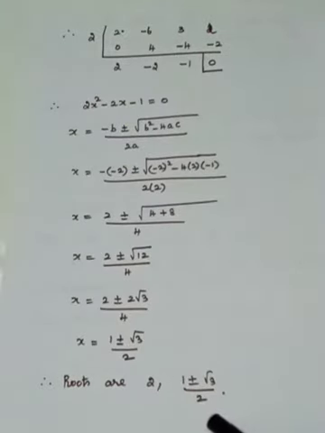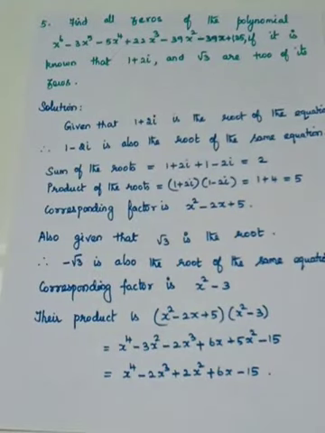Okay, and coming to the next problem, find all zeros of the polynomial x power 6 minus 3x power 5 minus 5x power 4 plus 22x cube minus 39x squared minus 39x plus 135 if it's known that 1 plus 2i and root 3 are two of its zeros.